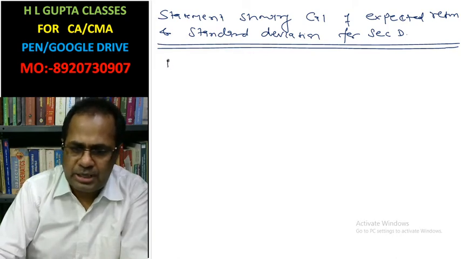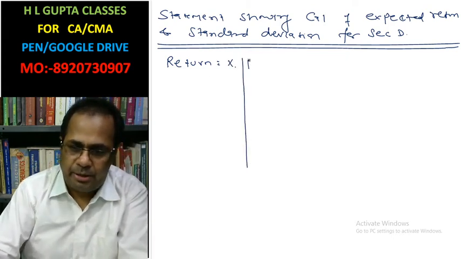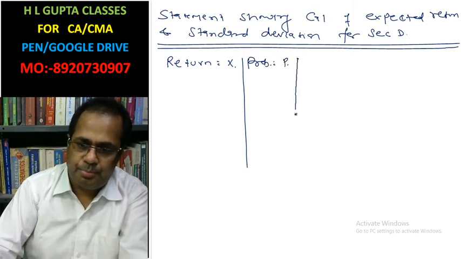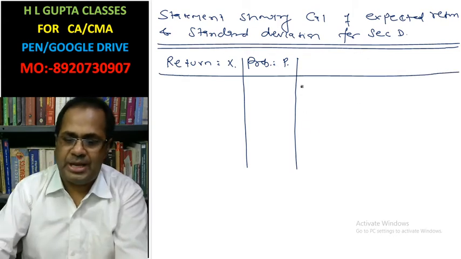The return is represented by xi, and this is the probability. Probability is represented by pi. Please try to understand what the expected return is.